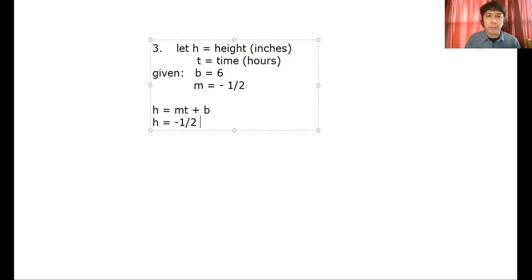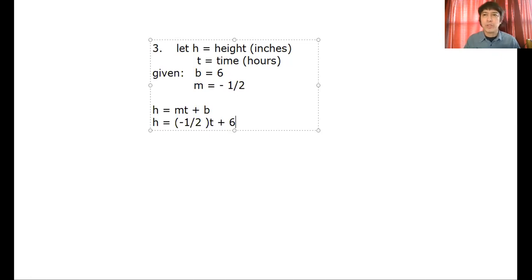And this will be multiplied by time. So take note, this means negative 1/2 times time. And this will be added to 6 inches. So at initial time 0, your height is 6 inches. And then it goes down for every hour by 1/2 inch. This is the working equation, and this will be for the third number.